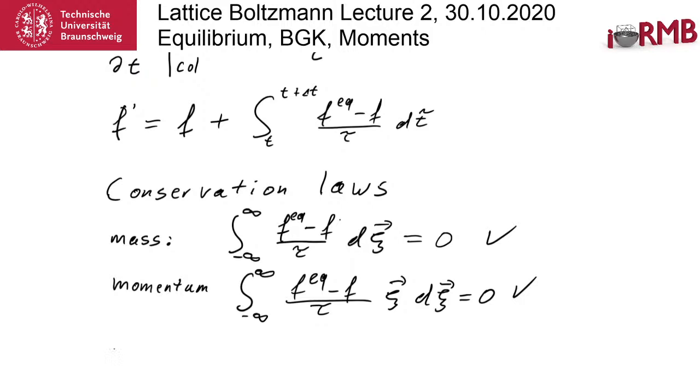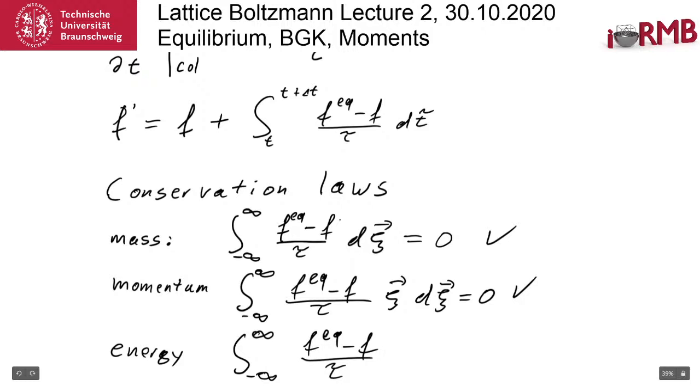And the same thing goes for energy. So we have the equilibrium minus F divided by tau and integrate this over xi times xi over xi.